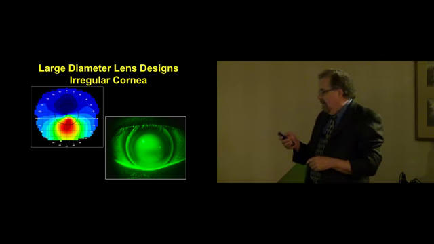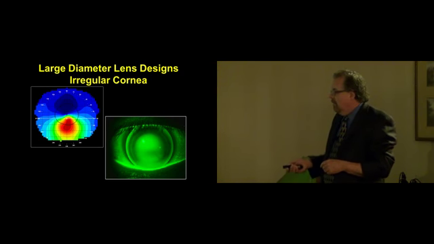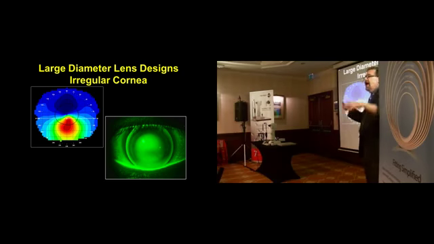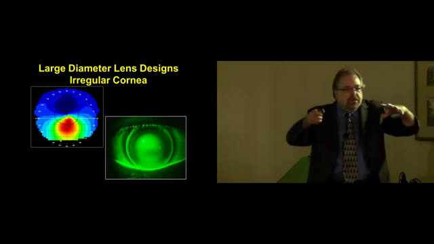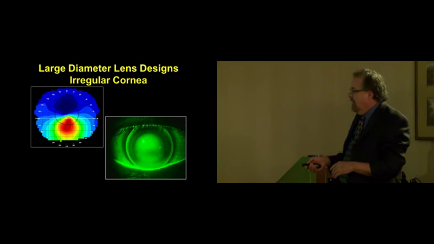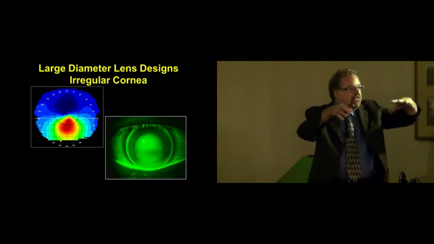Here we've got an individual with keratoconus, and we can see this large diameter corneal contact lens, a spheric contact lens, has been given the luxury of landing here at 9 o'clock, 12 o'clock, and 3 o'clock. Now we have a stable lens fit.